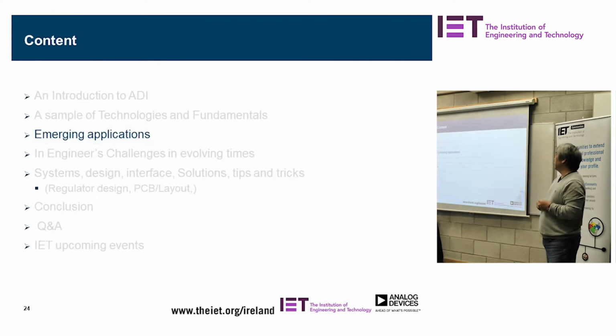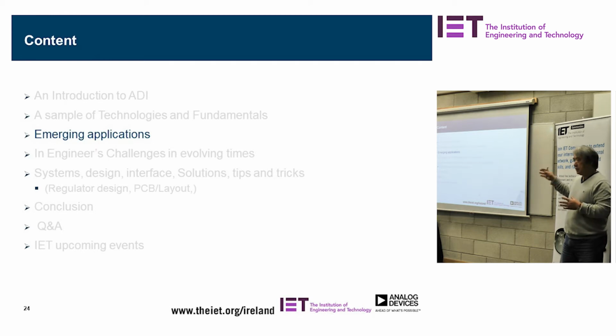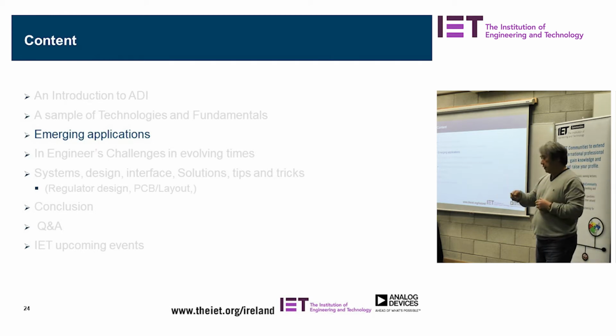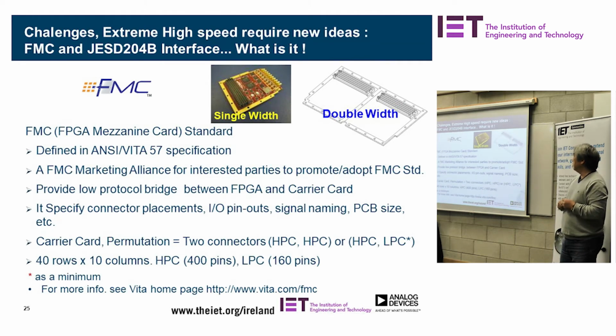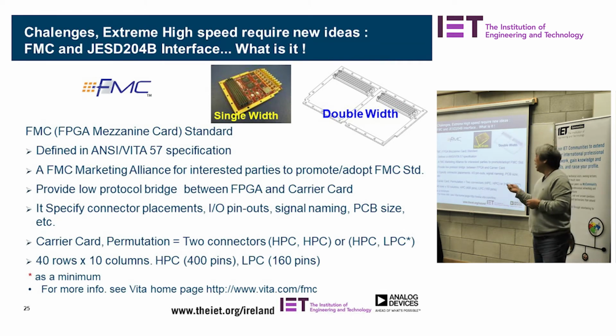Okay. So now we look at some of the immersion applications once you understand the technology out there. It's very common now. They call it FMC, which is FPGA Mezzanine Card. So it's kind of a standard for very high speed. So you have single width and double width.